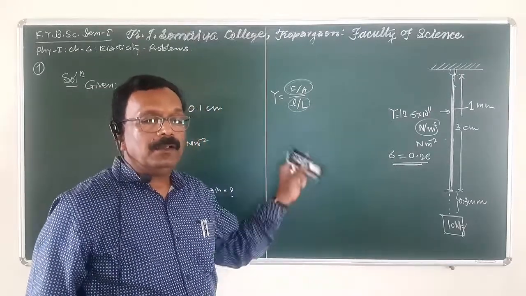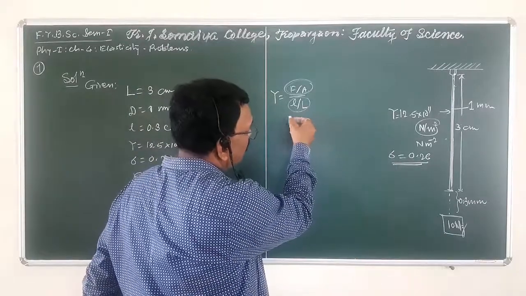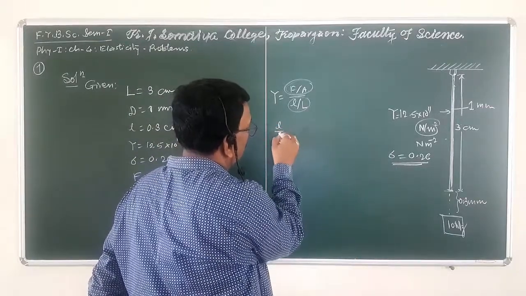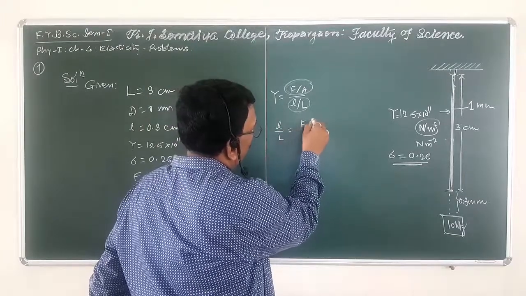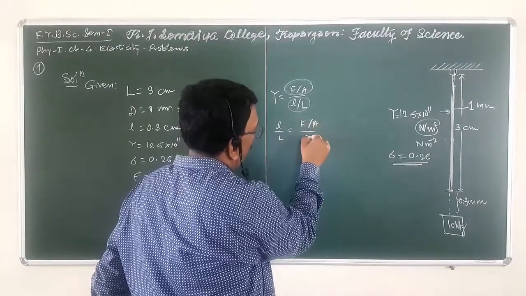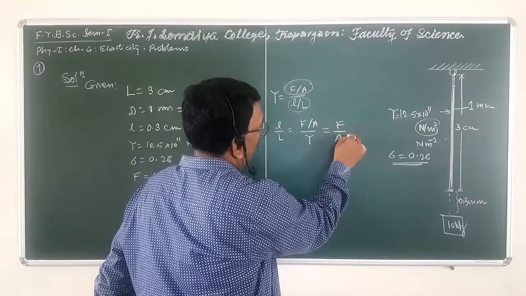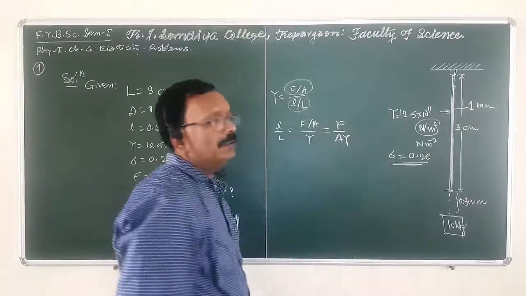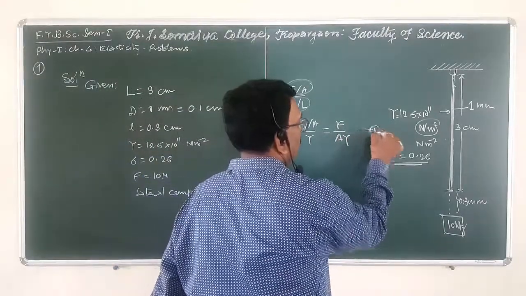Now, when we rearrange this equation, we can write small l is equal to L upon F upon A upon Y, or simply it is equal to F L upon A Y. Suppose this is equation 1.